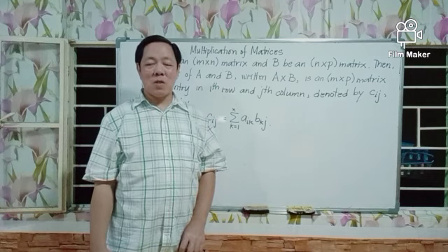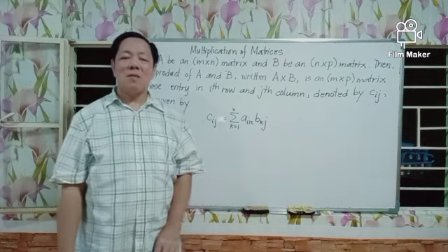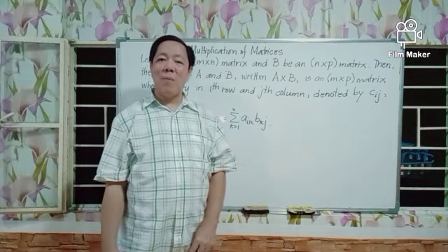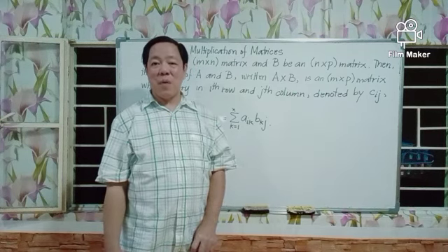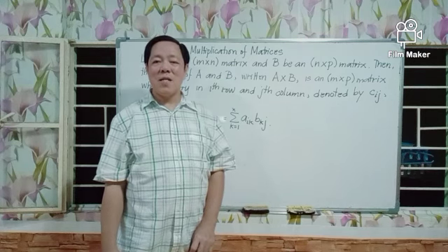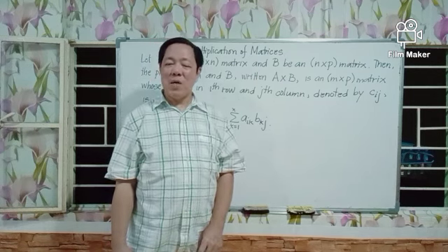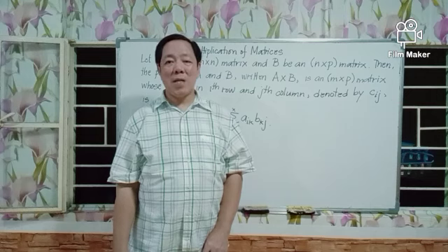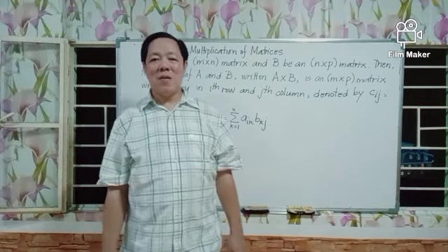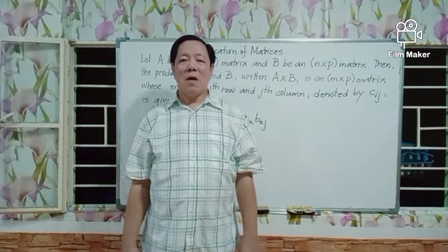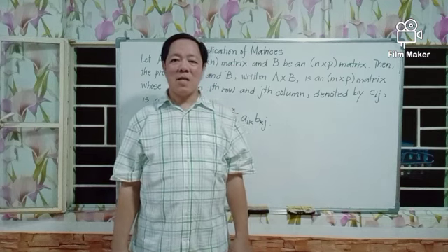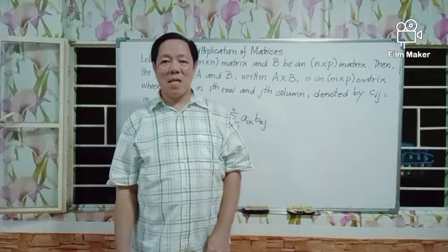If the number of columns in the first matrix is not equal to the number of rows in the second matrix, then you say that the product of the two matrices is not defined.